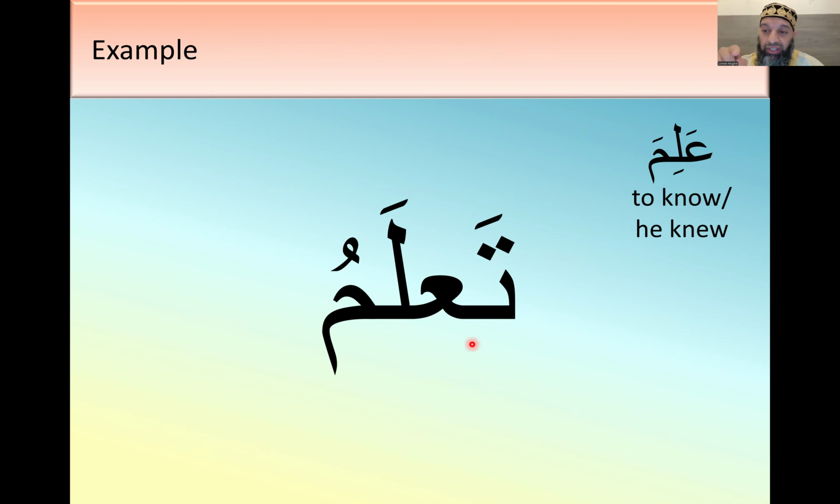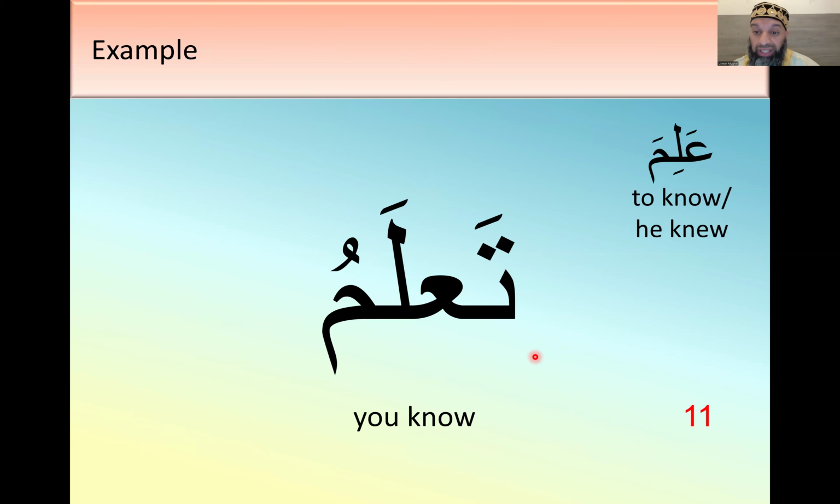Remember that ta is used for you. In Urdu, you say tu, which means the same thing. It means you. And tú means you in Spanish too. So, ta'lamu, you know.